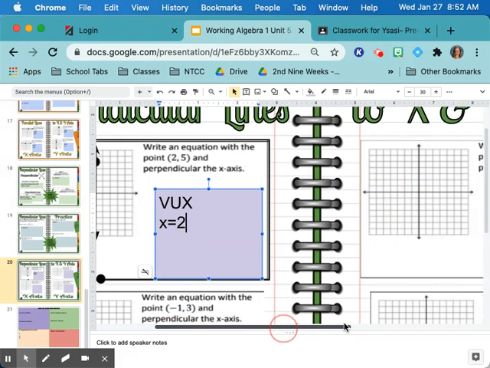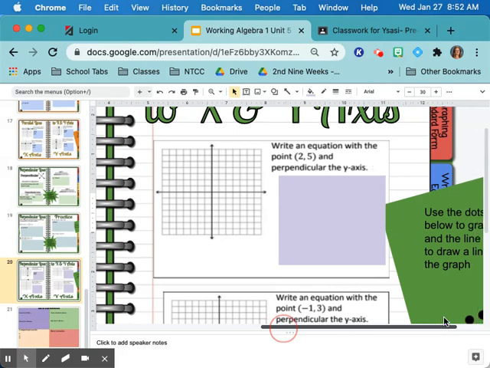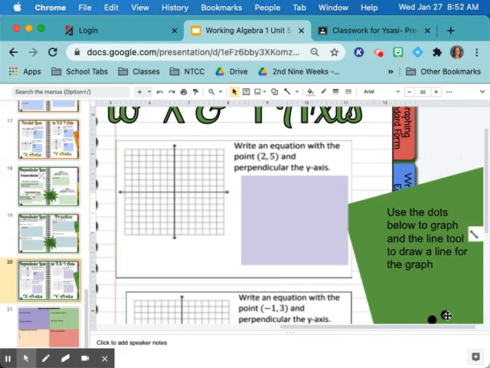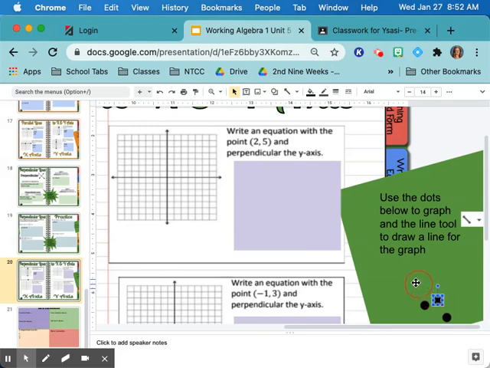Let's go to the other side. Write an equation with the point (2, 5) and perpendicular to the y-axis this time. So (2, 5), perpendicular to the y-axis. So here's our y-axis. What kind of line is perpendicular to the y-axis?